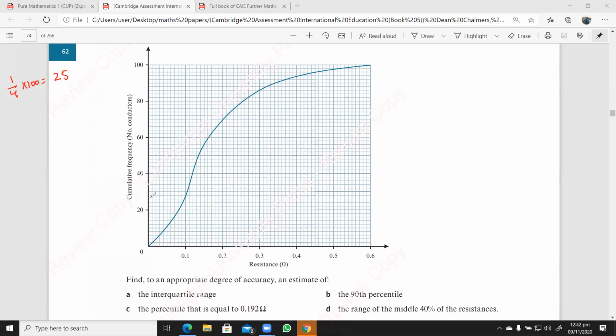That is the location of the lower quartile. Here we have 25. So you draw a dotted line here using a ruler, and then you go down here. So what do you think the lower quartile is? This looks to be 0.095. Okay. Yes, anyone? Can you confirm?